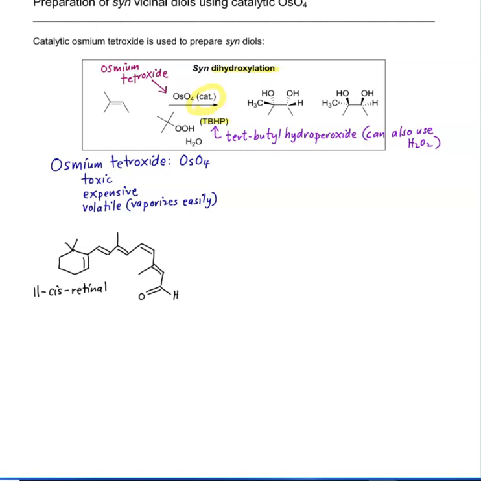Al, because of the aldehyde functional group, and cis, because of this double bond right here. All the rest of them are trans. Okay, so this is a molecule that's present in your eyes. So what it does is it attaches to a protein in your eye that's called opsin.